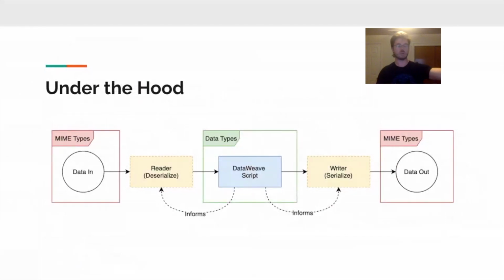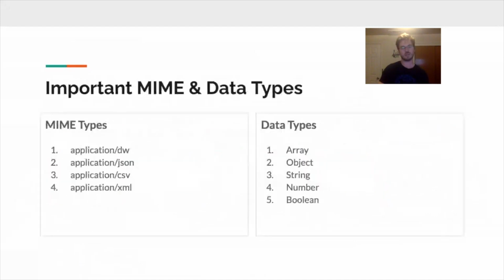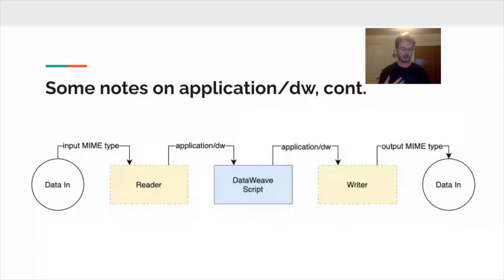But when we're working with DataWeave, we're working with data types. So if you're naming functions and variables by the MIME type that they represent, it's a bit misleading. One, it's not as flexible. What if you're dealing with CSVs in the future? What if you're dealing with JSON? And two, it ignores the fact that you're not dealing with those MIME types within DataWeave. You're just dealing with application DW itself.